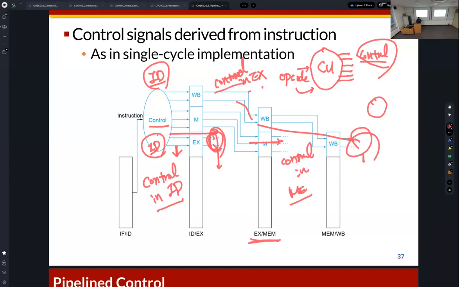Which means that the timing also needs to be correct. If we understand this, then I believe we can understand the behavior of the pipeline architecture. All control signals and all data signals, we need to consider their timing. Okay?